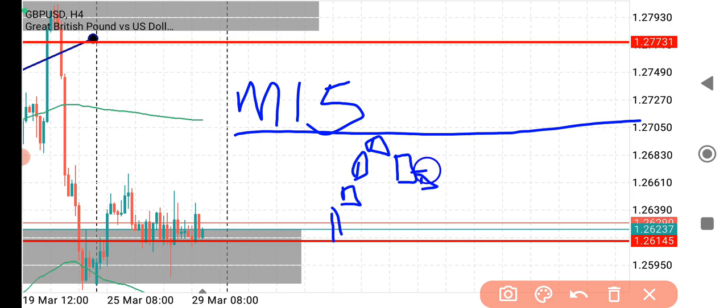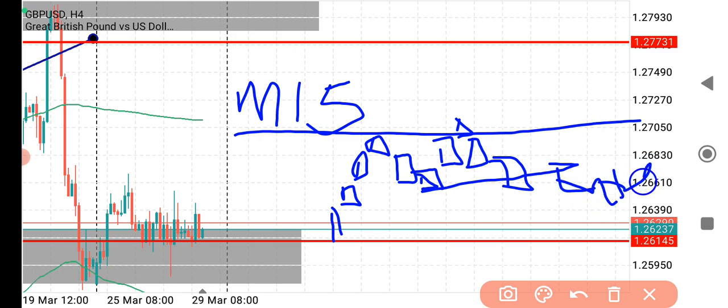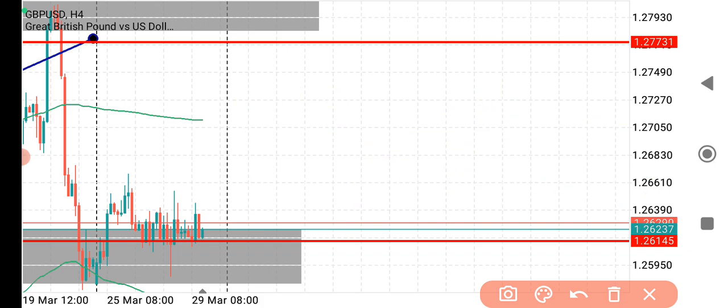You must wait for the second leg. Price will come again, hit it, and then it's coming down. At the break of this neckline, you now make your entry, and then your stop loss is always above this high. This is your entry rule.